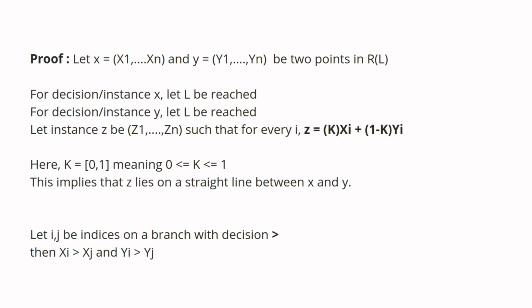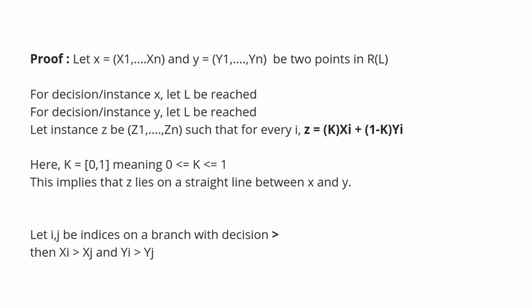That is, even from y we are reaching a leaf node L. Now let instance z be z1 to zn such that for every i, z of i equals k times x of i plus 1 minus k times y of i. Here, k lies in the range of 0 to 1, meaning 0 is less than or equal to k and k is less than or equal to 1. This implies that z lies on a straight line between x and y.